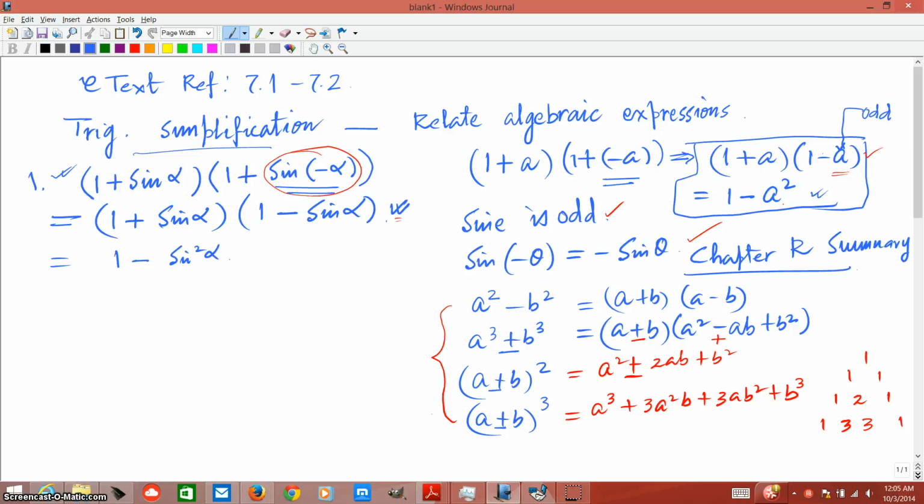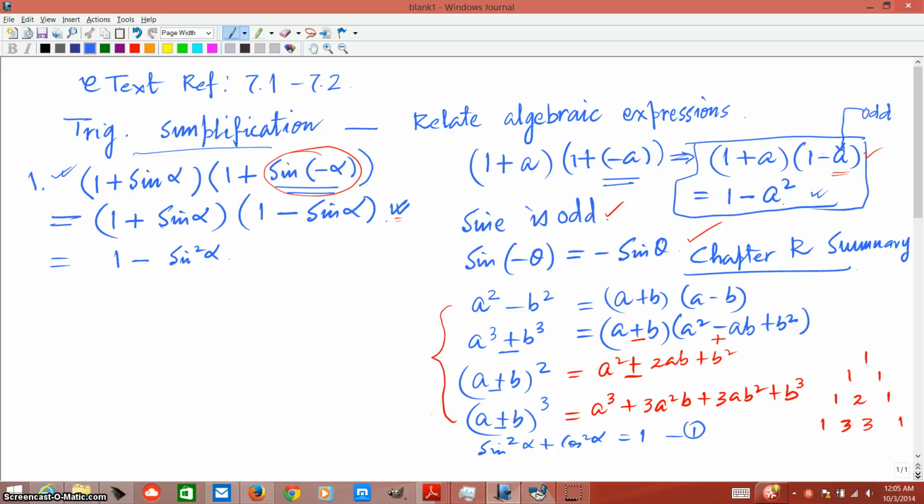Now the task is to match one of the trig identities that you have already learned, the Pythagorean identities. If you remember, we had worked on 3 different forms of Pythagorean identities: sine square alpha plus cosine square alpha equals 1, and that's the first form, the easiest one to remember.